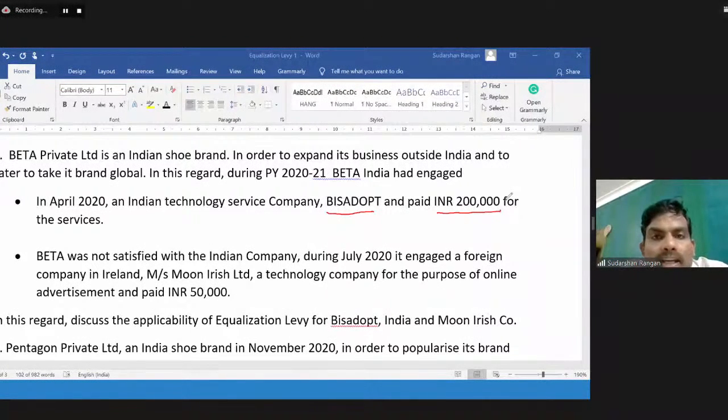So what Beta did is, Beta is a popular Indian shoe brand. So now it wants to go global and reach out to youngsters.